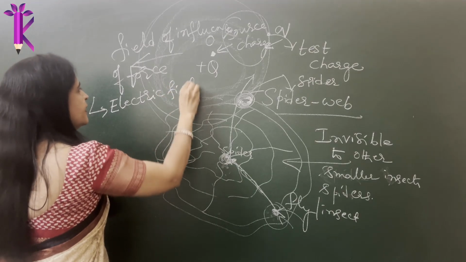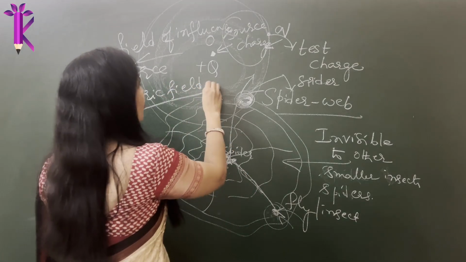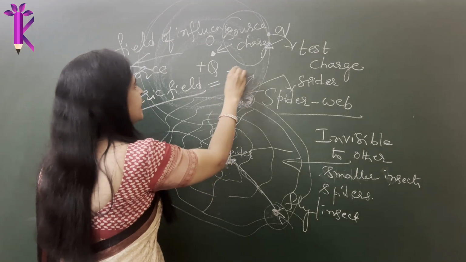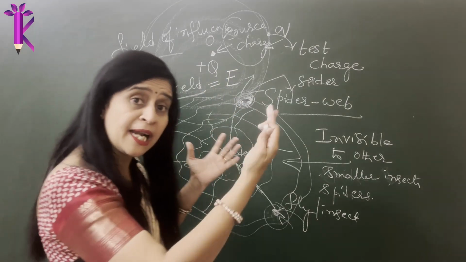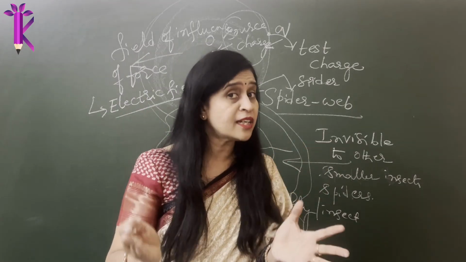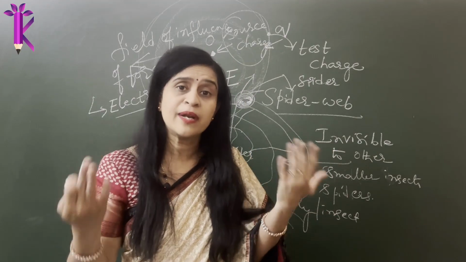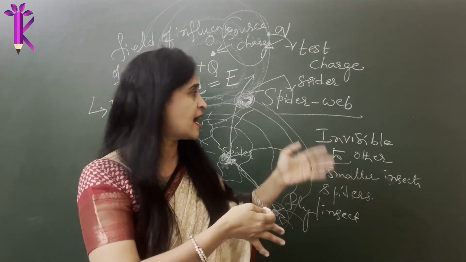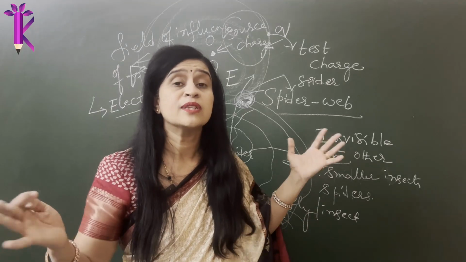This is electric field, right? This is a very, very important term. It is denoted by the letter E. So E, which is the field of influence of the force around a source charge, is what is referred to as electric field. So how do we test it? You put in a test charge, a charge experiencing some force, then you know that there is some field.